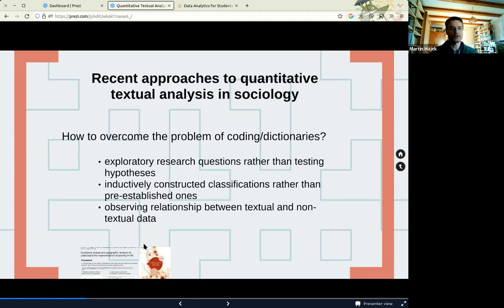This is the way we can work, and we don't need to use dictionaries that were pre-established for a certain context and don't work in another context. The example of politicians and the left-right scale is clear when we take, for example, the US political scene, left wing and right wing.